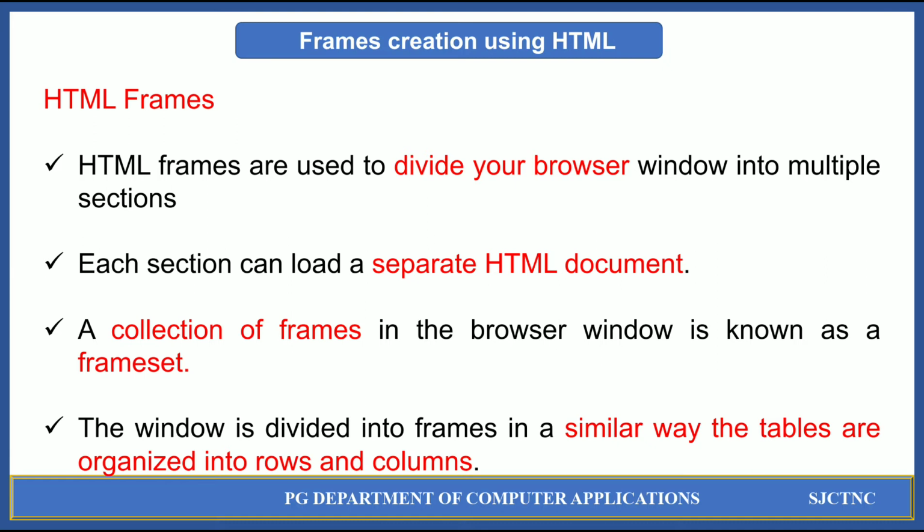That is, a frame can be divided into portions like 20% or 80%, likewise. The window is divided into frames in a similar way to a table organized into rows and columns. In our example, we will be able to clearly understand what a frame is and how we can use frames in our web page.